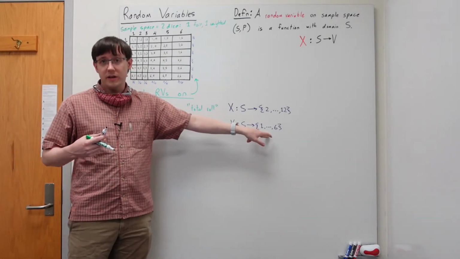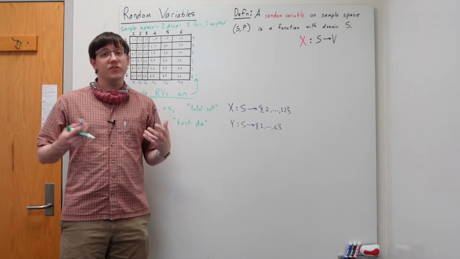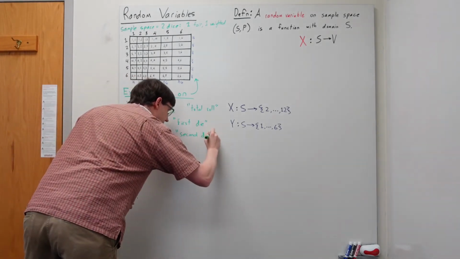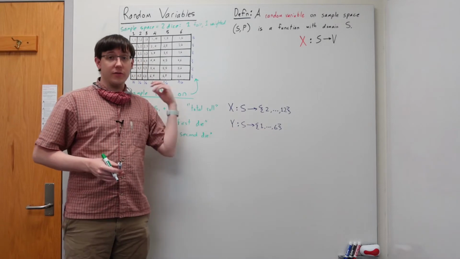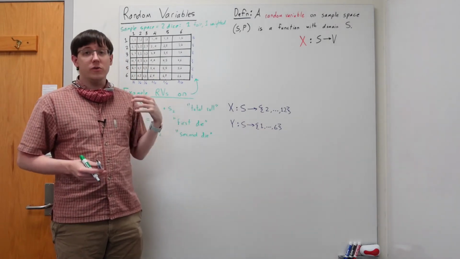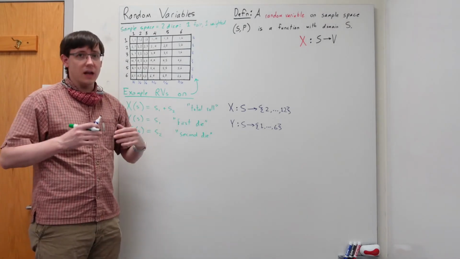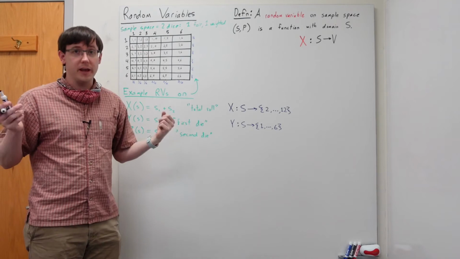We could similarly define a random variable that extracts the roll of the second die, which would have the same set of possible values as the first die, though those values happen with different probabilities. But we could also define lots of other random variables on this sample space, and they could be arbitrarily complicated.